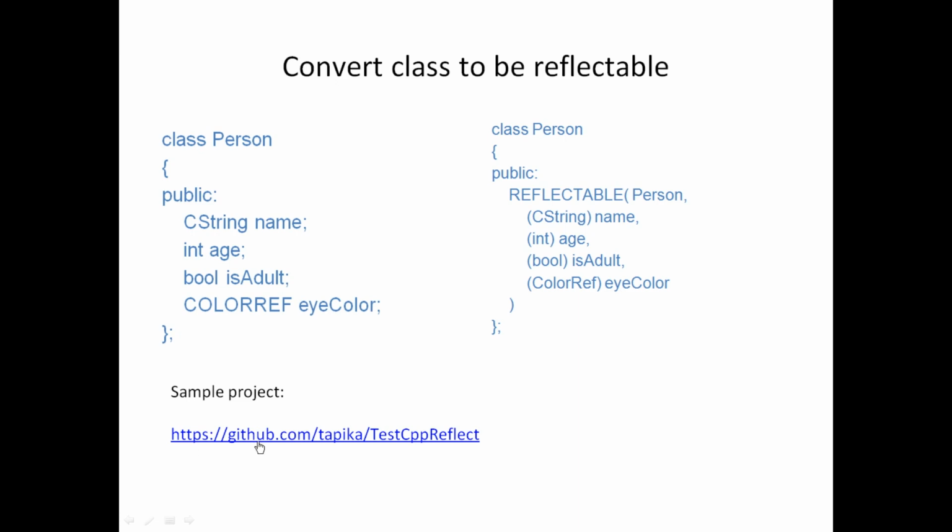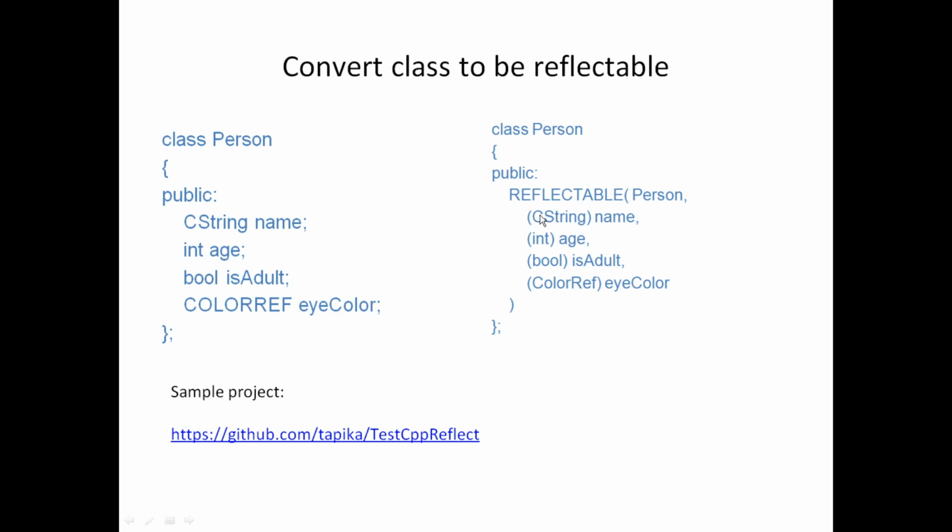On GitHub you can find a special test project which uses a special define called reflectable, and it passes through the class name and also the field type and field name itself.